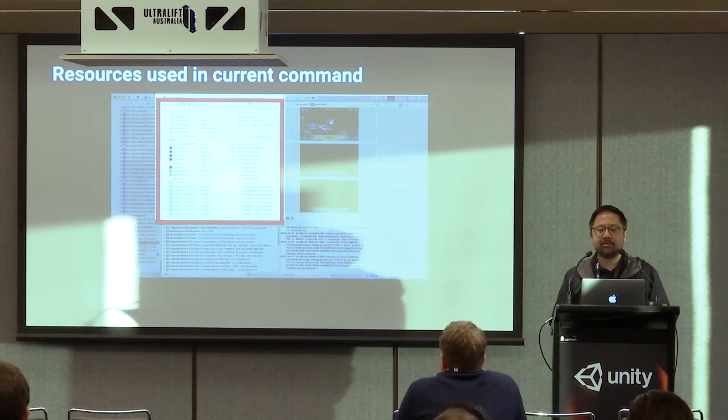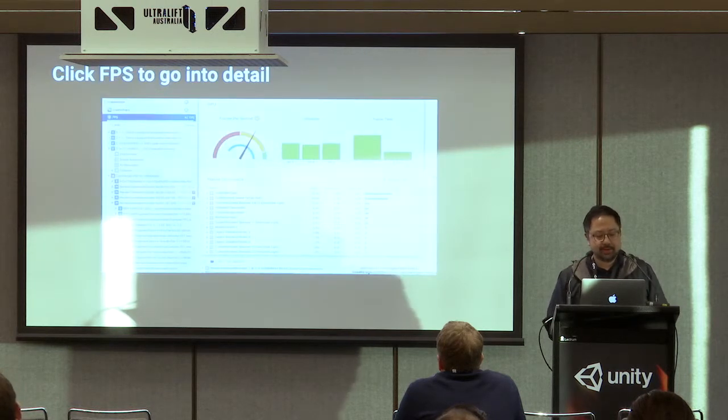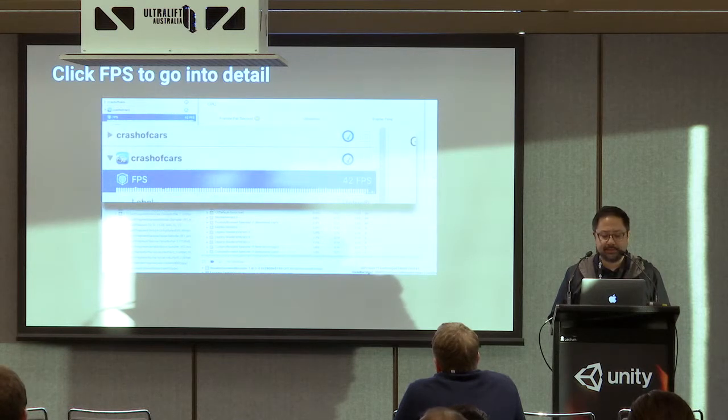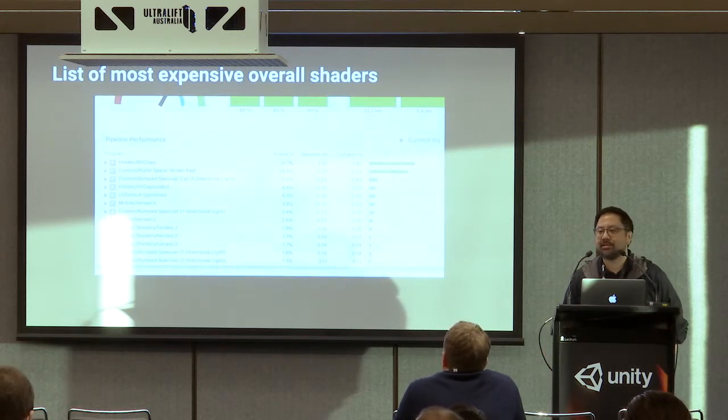In the middle, it shows all the resources that the command is using. That command is drawing using these textures, these shaders, these meshes, and you can inspect each of those elements. If you want to analyze some shaders, what I usually do is click the FPS button. It brings up a list of all the shaders used for the current command, sorted by how much GPU percentage they're using.